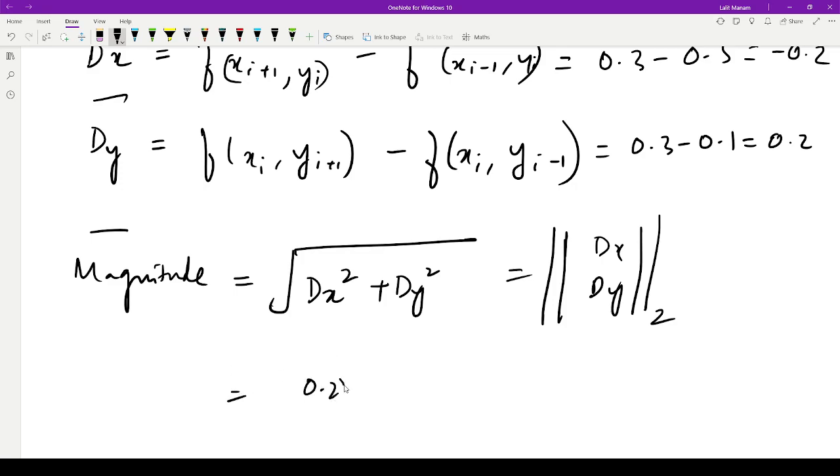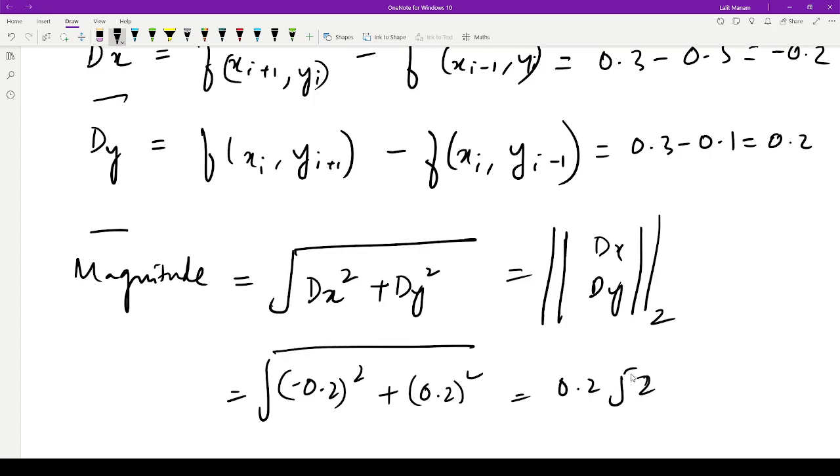It's minus 0.2 squared plus 0.2 squared, under root. So it is 0.2 root 2, and root 2 is 1.414, which is 0.28.